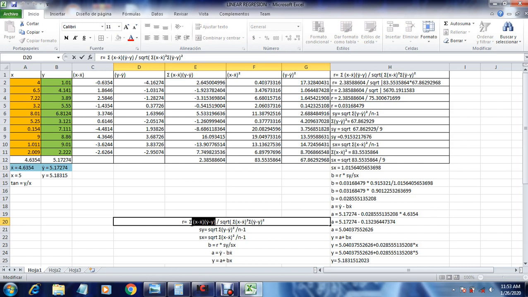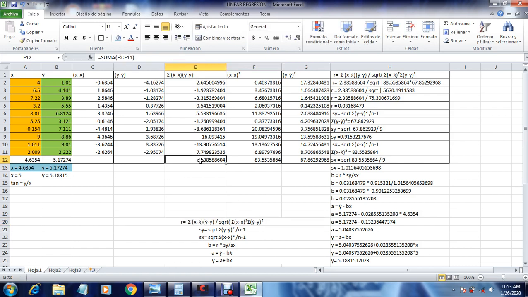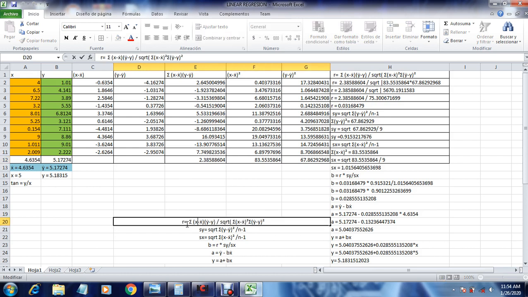The summatory gives this value. Remember, this for this is this, this for this is this, and then in the last row we have to sum all from here to here, and that gives this value in this formula.